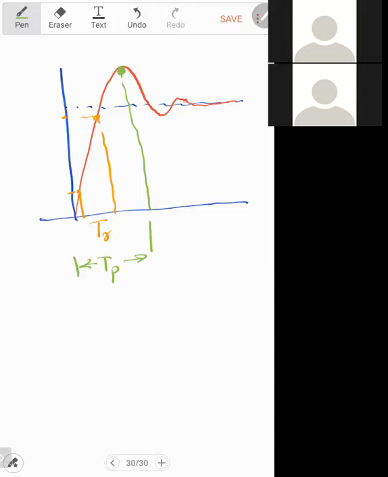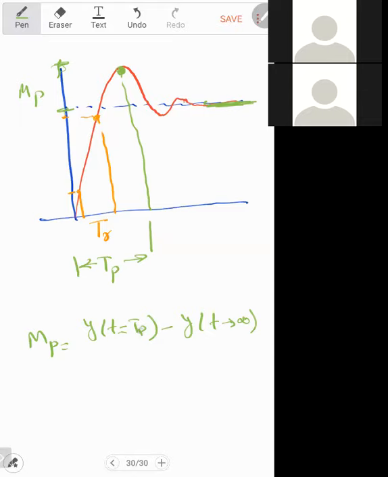The third thing is the maximum peak, which is this point. You see this point minus this point, which is Mp. So Mp is actually the response when t equals the peak time, at this point, minus the response when t approaches infinity, the steady state point.